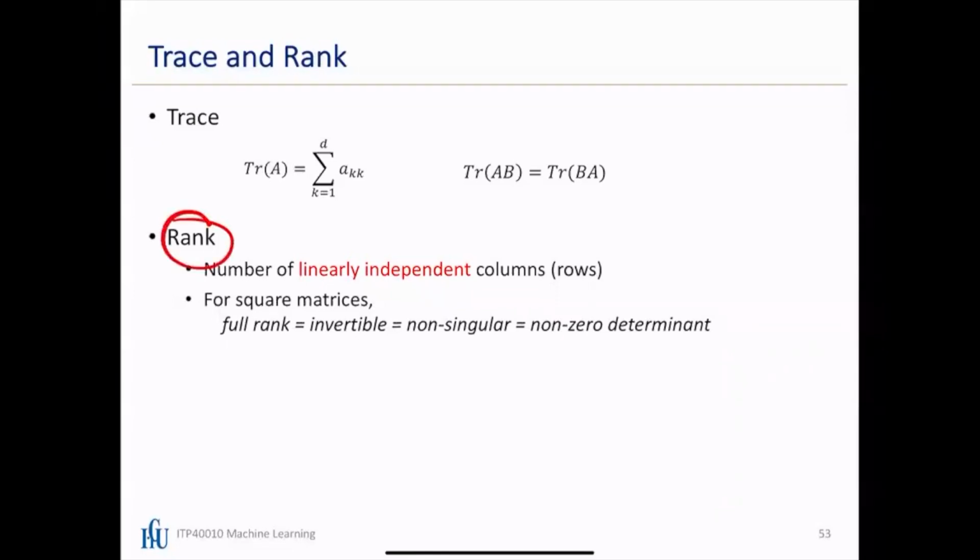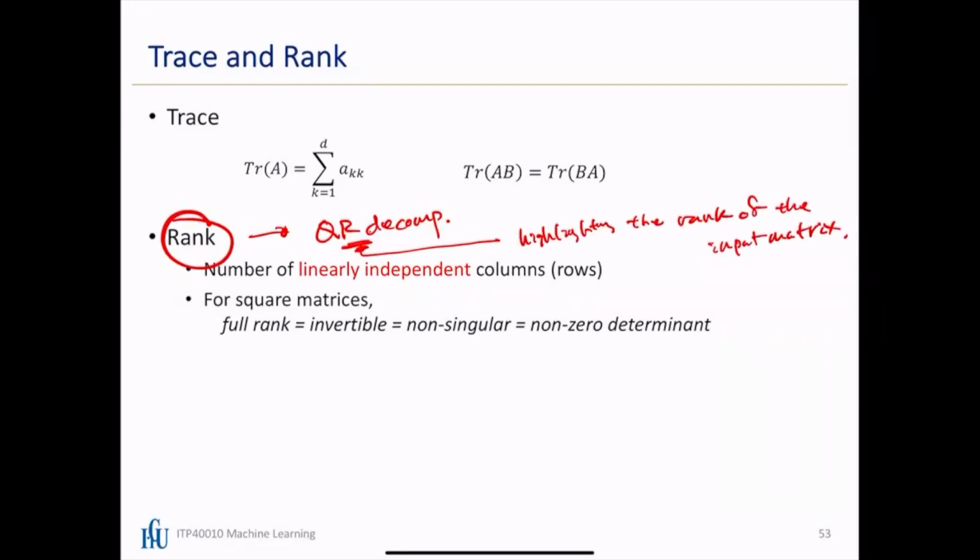And rank is something important, and this is relevant to the QR decomposition. So this R, the rank of the matrix, is highlighting the size of the matrix. The idea of rank is the number of linearly independent columns or rows.